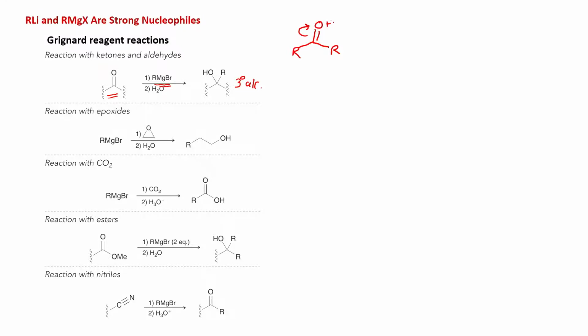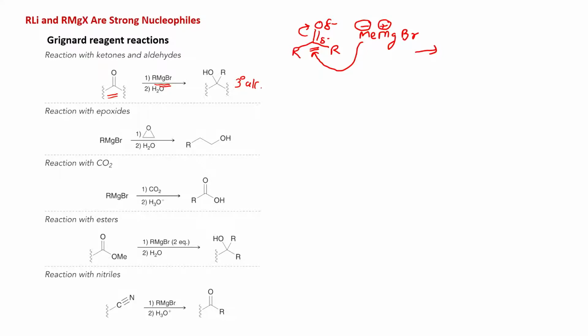It will give you partial positive charge. It will create a carbocation here, and we can take methyl magnesium bromide. This methyl has negative charge, magnesium has positive charge, so your nucleophile will attack on this carbon cation.